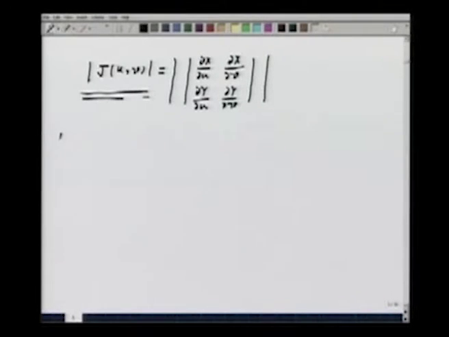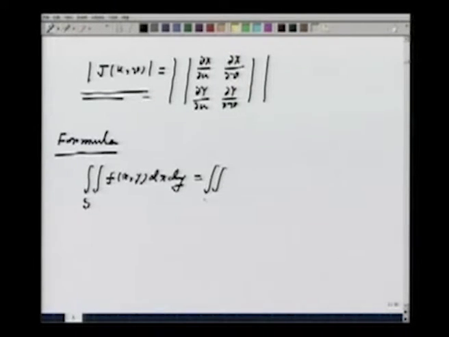And then the change of variable formula is written as follows. The double integral over S of f(x,y) dx dy is the double integral over T, that is the domain of the transformation, of f(X(u,v), Y(u,v)) times mod J(u,v) du dv.